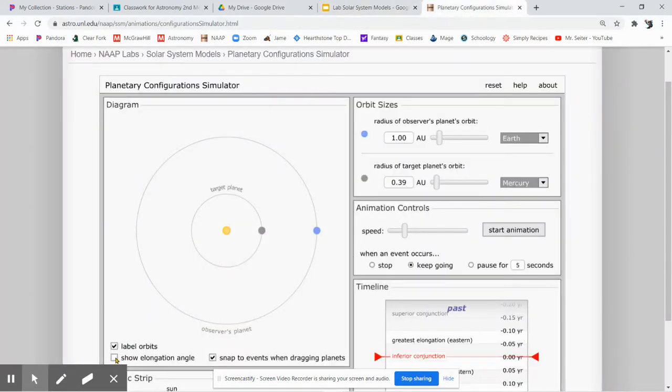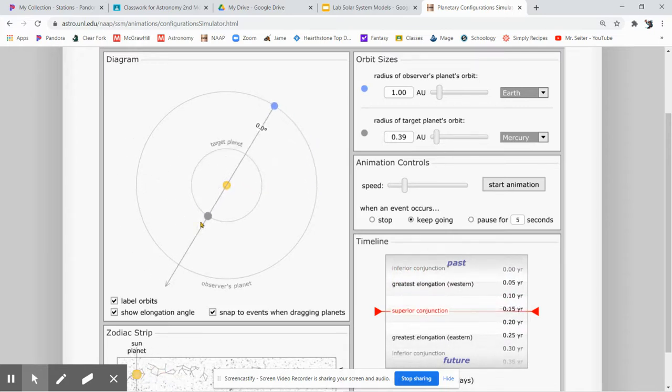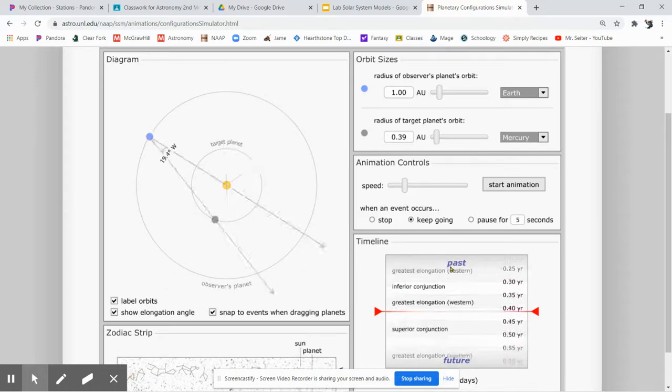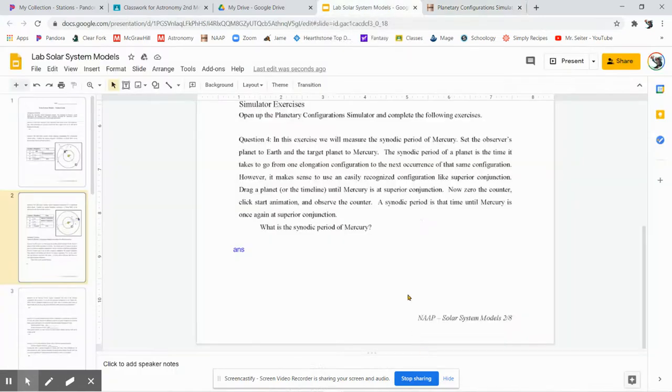Let's show our elongations. Right now, we are in inferior, so let's go to superior. What it was saying is you can either take Mercury and go like this, or you can just go down here and click Find Superior Conjunction and click it. Boom, there we go.